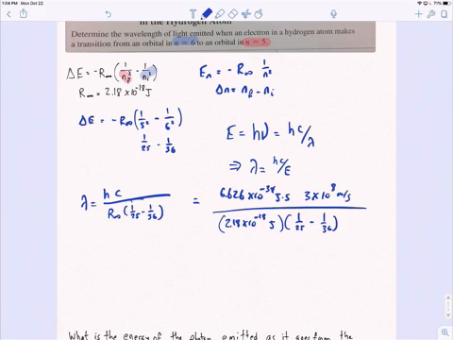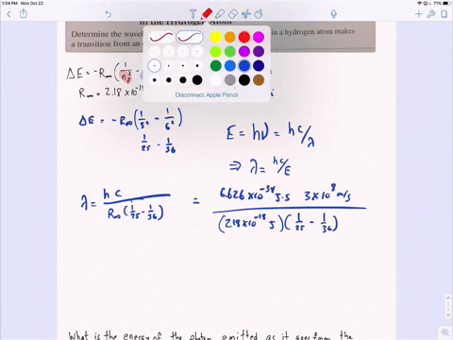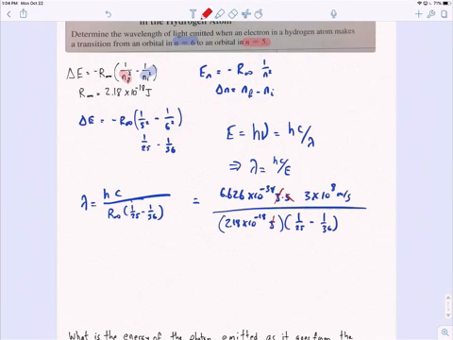And the n is dimensionless. But if you look at the units, joules cancel, seconds cancel, and you're left with meters.